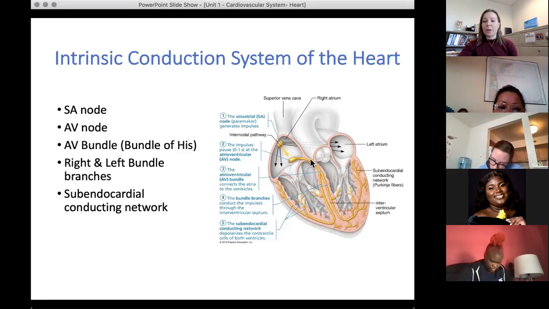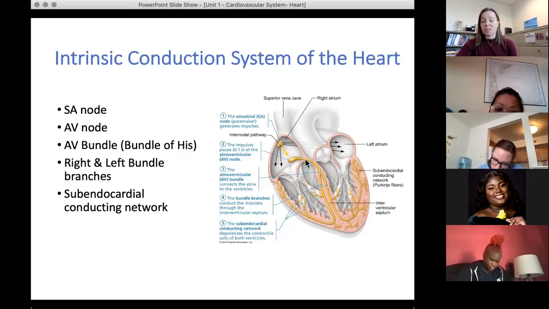It used to be called the bundle of His, if you've ever heard of that term. This is located in the septum, you can see. It is located mostly in the interatrial septum, part of the upper part of the interventricular septum.